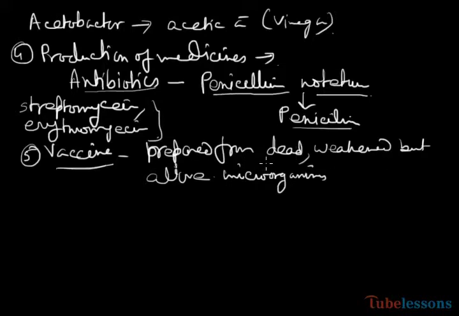Microorganisms of a particular disease to develop the immunity from that disease, like vaccine of polio, vaccine of smallpox, typhoid, tetanus, etc. So, the causative agents of preparation of vaccine are also microorganisms.